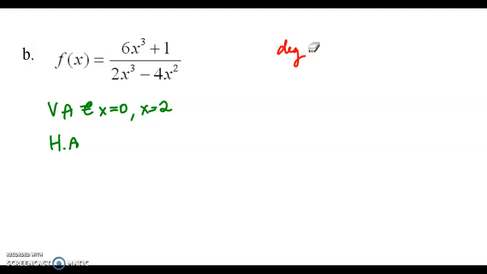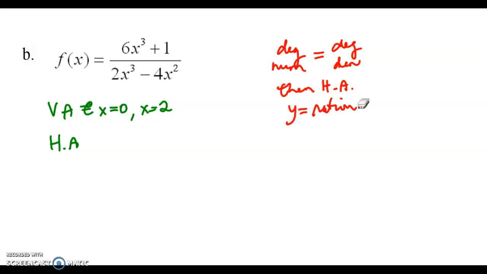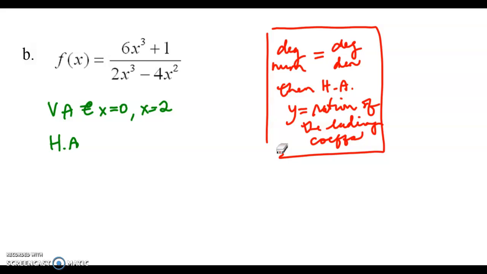So we use this rule: if the degree in the numerator is equal to the degree in the denominator, then the horizontal asymptote happens at y is equal to the ratio of the leading coefficients. In this case, that is y equals 6 over 2, which is y equals 3.